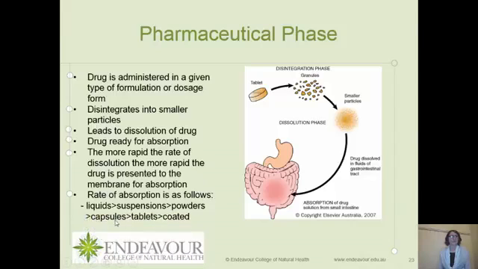So capsules would be absorbed much faster than tablets, and the idea with enteric coating of tablets is to delay that pharmaceutical phase, or as we said, to prevent some sort of chemical alteration on that substance. Where EC is enteric coated tablets.